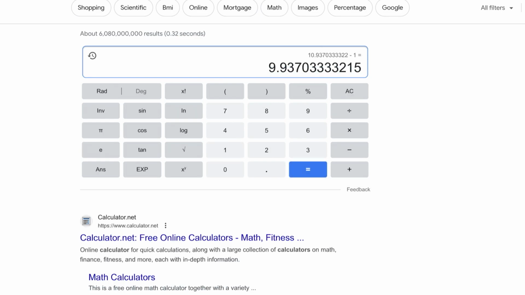I have 9.93703333215. Again, this is not your last step, so please do not round your answer here. You still need to use this number for further calculation, so please use at least 6 or 7 digits.